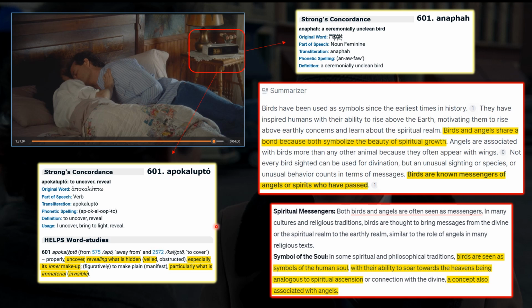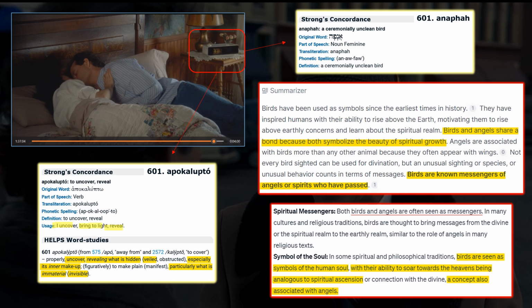Interestingly, the time on the clock is 6:01, so it's showing that he's made it to tomorrow. And the number 601 in the Bible has interesting meanings in both the Greek and the Hebrew. In Greek, the word 601 means I uncover, I bring to light, I reveal.